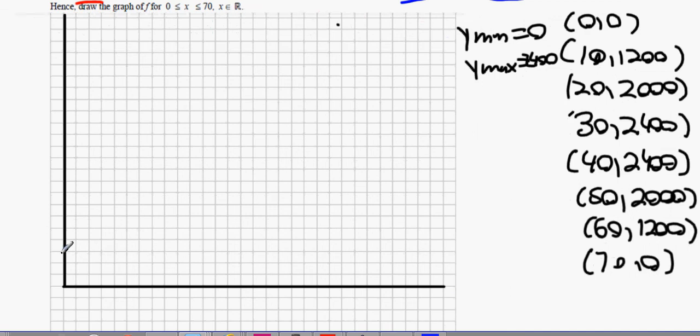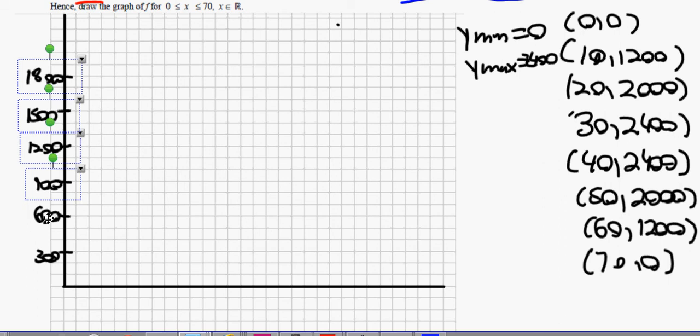300, 600, 900, 1,200, 1,500, 1,800. Now you can see I haven't got enough space. So I'm going to have to move the full graph down.